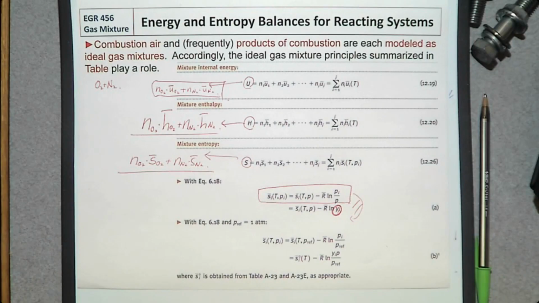If you remember, mole fraction times the mixture pressure is the partial pressure. If the reference is only 1 atm, you can rewrite this one as this one. It is the same equation, it just depends on what the reference pressure is. We have a couple of practice problems later on how to determine this specific entropy, so you will see how to use this equation to determine the specific entropy from a table.